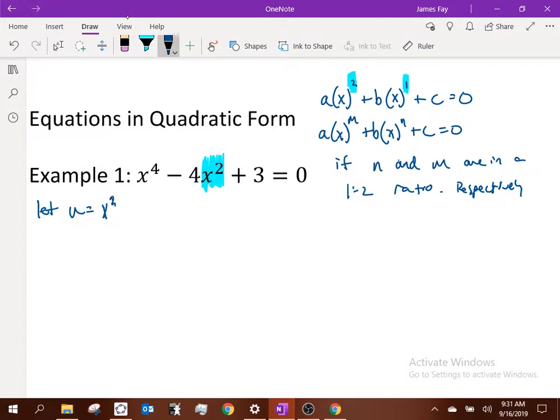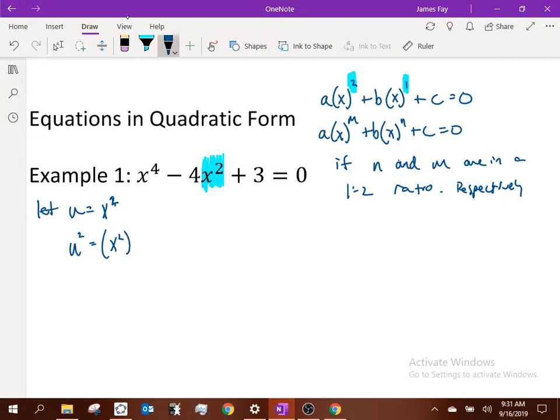Okay? And then I'm going to just test to see that I've chosen the correct u. I should be able to square it. Now I'm only doing this because it's of quadratic, well I think it's of quadratic form. Okay? And if I square u, well u I just let be x squared, right?